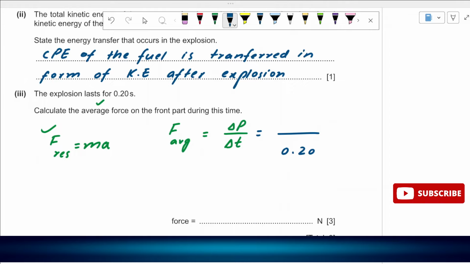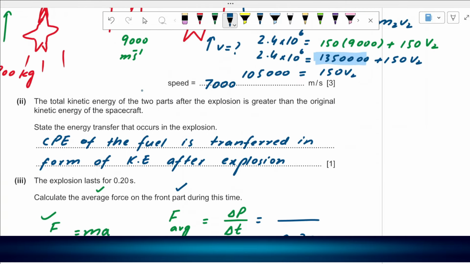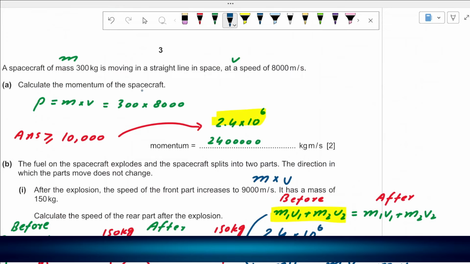Well, all we need to find is the change in momentum of the first part during this time. So initially, when the first part was just joined, a single piece, the speed was 8,000.